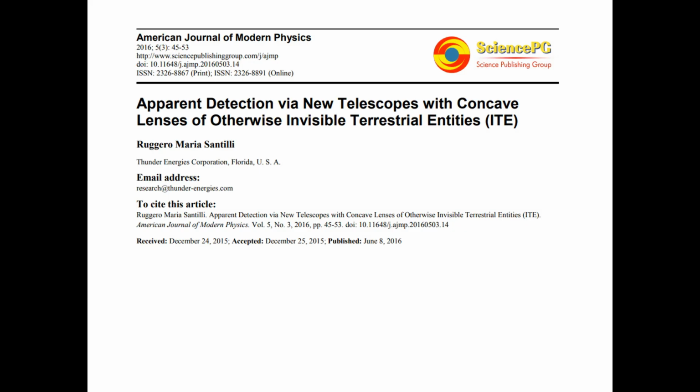So he's come up with this terminology of different types of invisible terrestrial entities. It's not just different types of UFOs flying around. When you're looking at the stars and so forth, things look different out there. Comparing the ordinary telescope versus the Santilli telescope, things just look weirder.